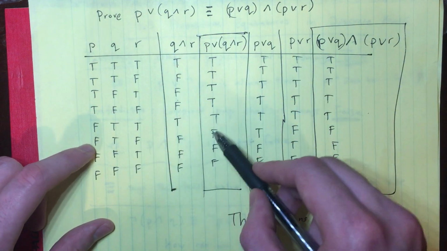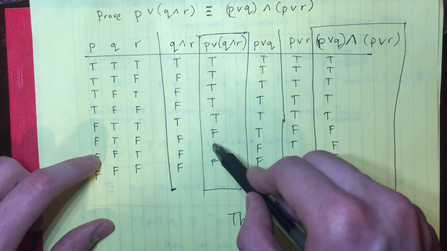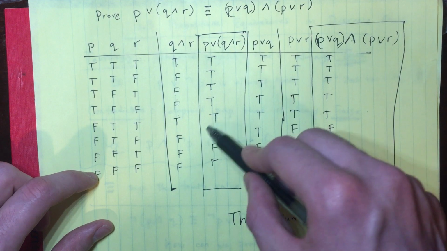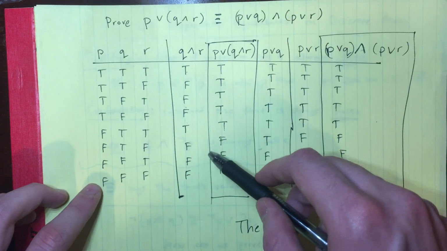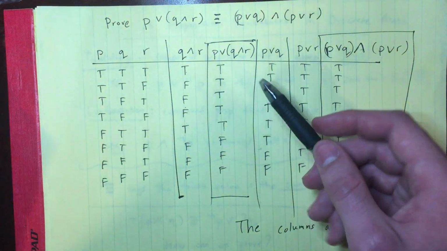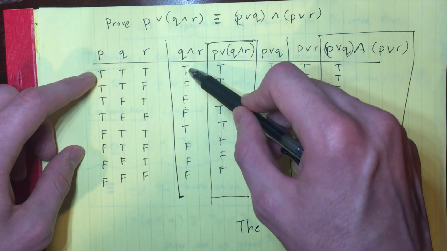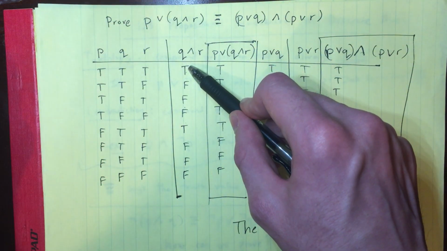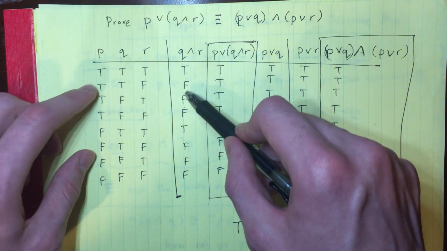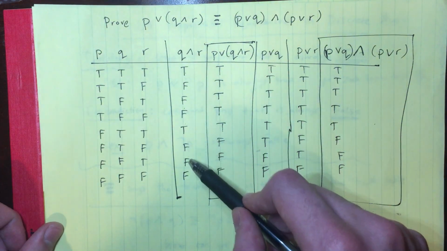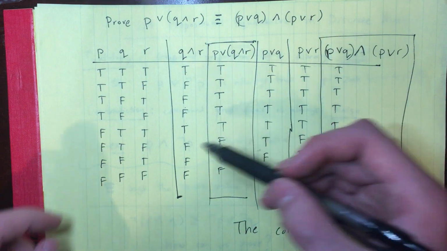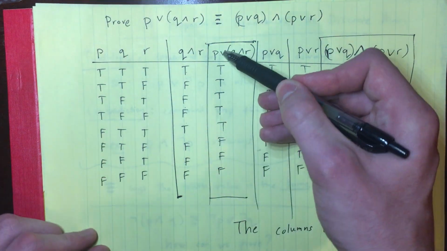Sorry, this one and this one: this is true and true, and this is true. These each have a true in them. So the only ones that are false are ones that have no trues in them as OR.